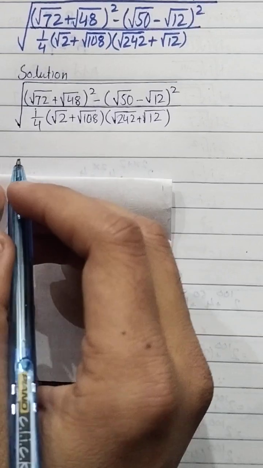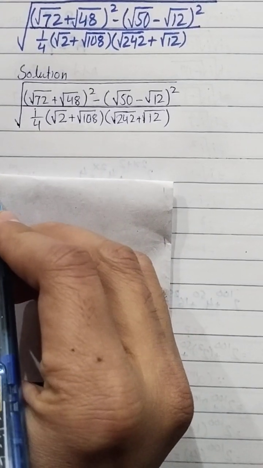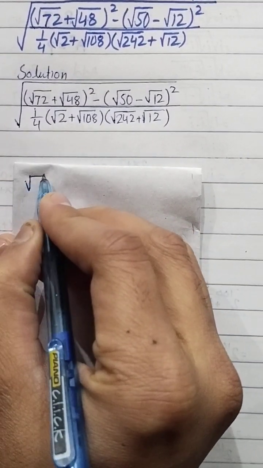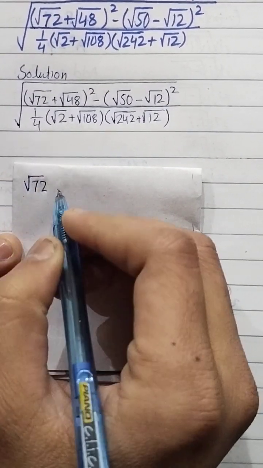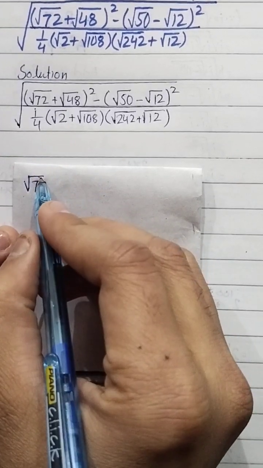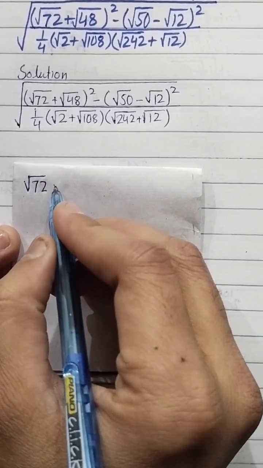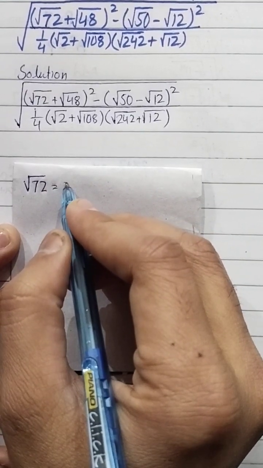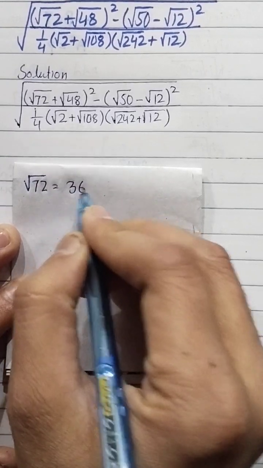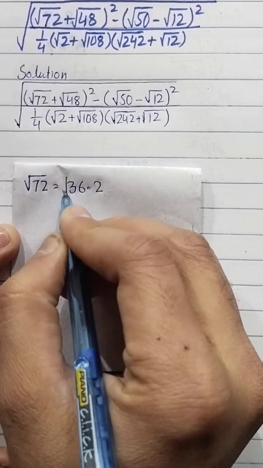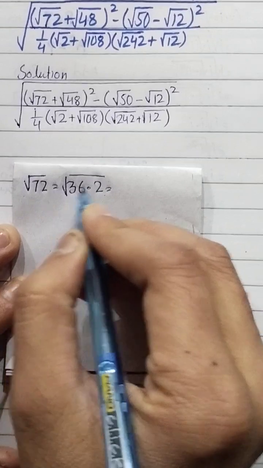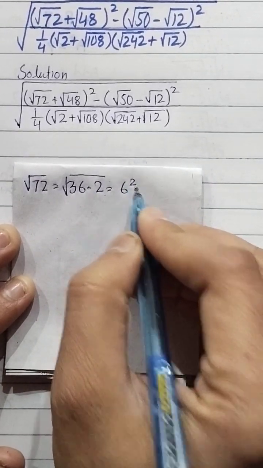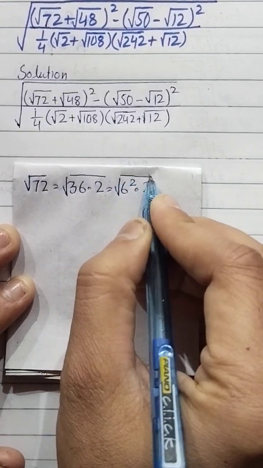This under root 72, it can be written like this: 36 times 2, and this 36 times 2 can be written as 6 square times 2 under root.